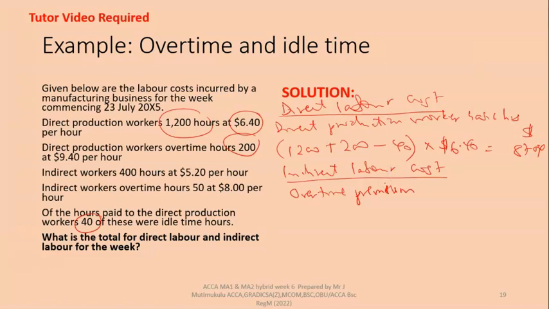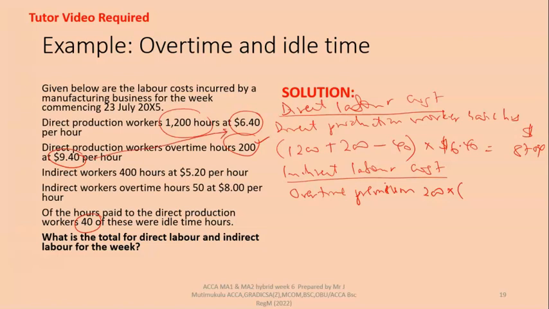The overtime premium is based on 200 hours, 200 hours multiplied by the premium. The premium is found here, the excess. Remember, the normal hour is $6.40.